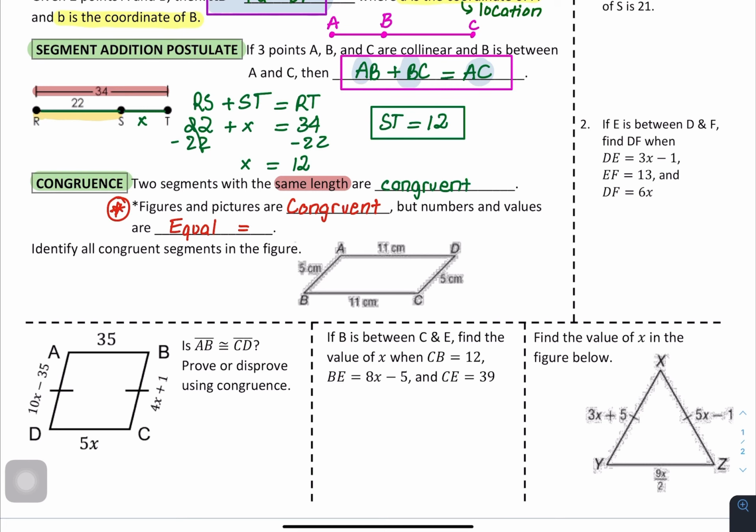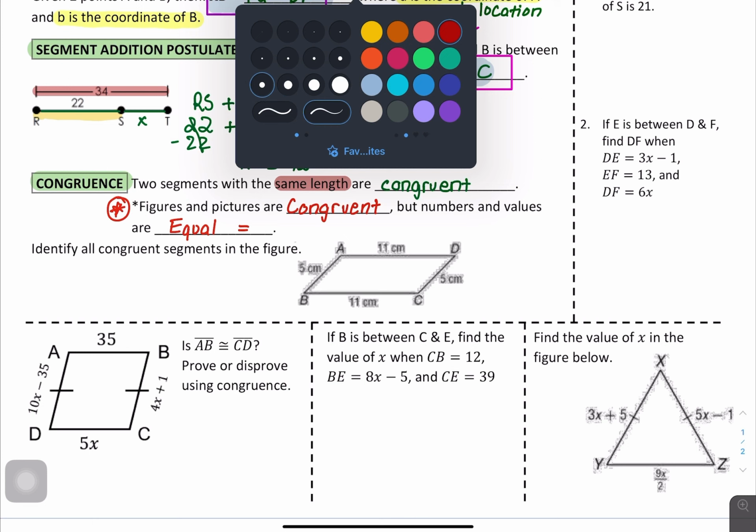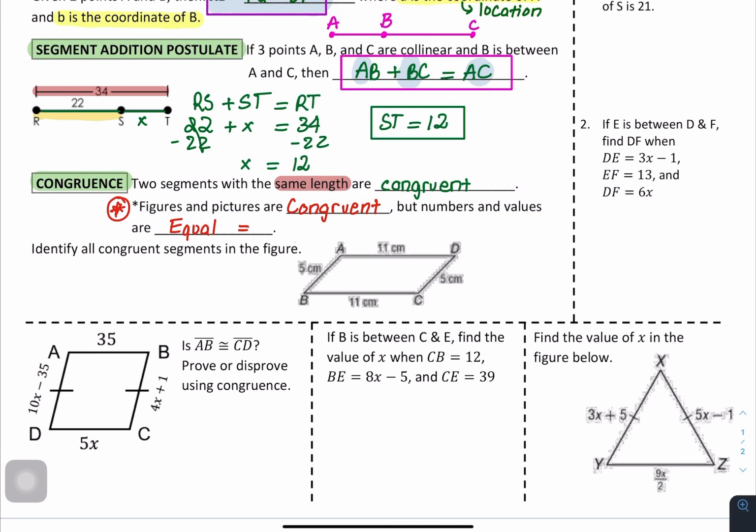Now, take a look at the figure here. They want us to identify all congruent segments. Let's take a look here.